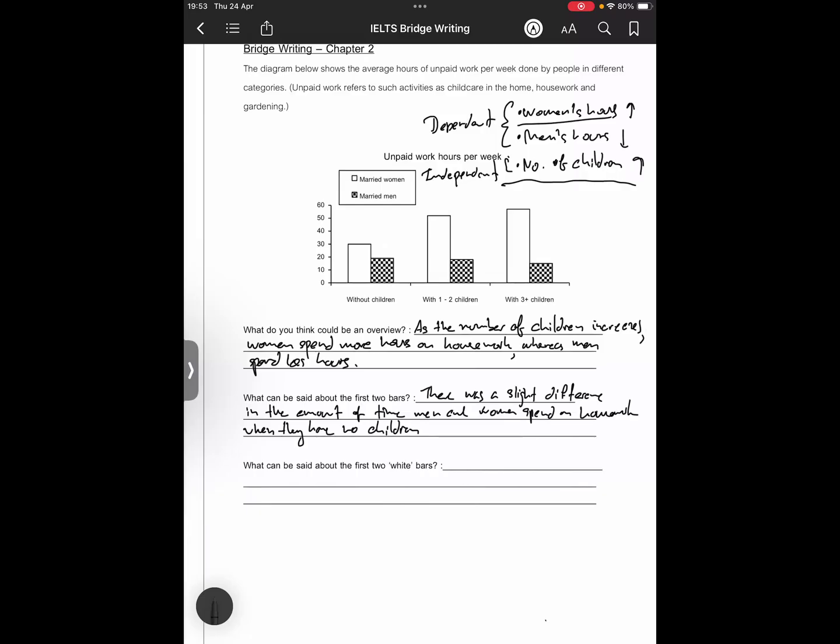Next, what can be said about the first two white bars? Okay, so we talk about the first two white bars here. What do you think? Now you notice that with just a small increase in the number of children, there is a huge difference between the number of hours.